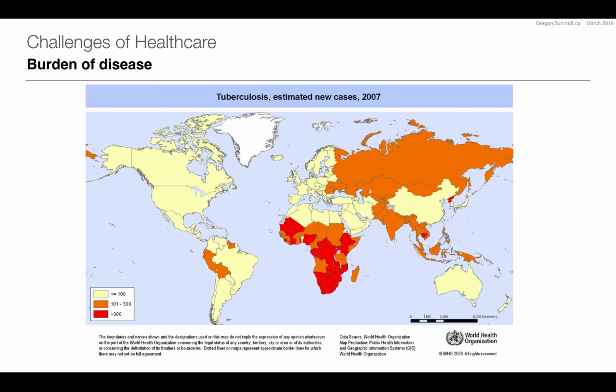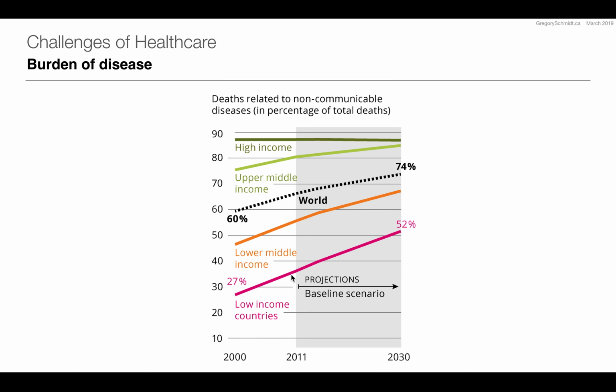We've known for many years that tropical and contagious communicable diseases such as tuberculosis are rampant in most parts of the world. But one of the things which I think fewer people appreciate is the huge rise in non-communicable diseases, things such as hypertension, stroke, diabetes, which is occurring even in the low and lower middle income countries.